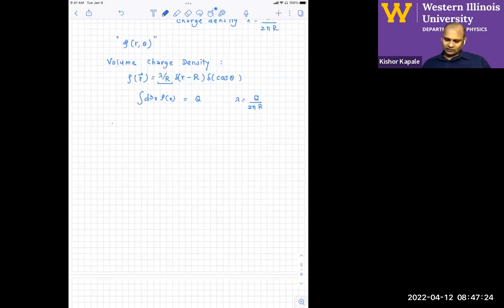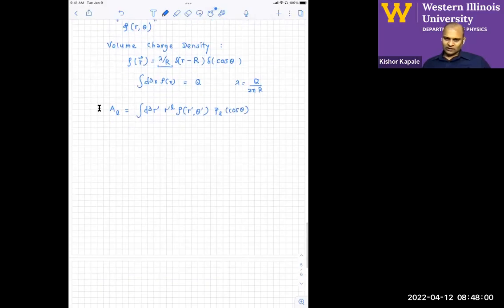Okay, so let's calculate A_L. A_L is the integral d³r' r'^L ρ(r', θ') P_L(cos θ').